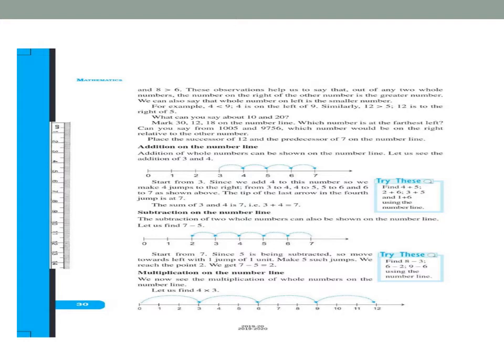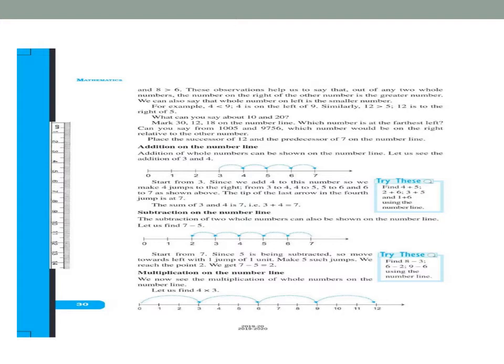Can you say, from 1005 and 9756, which number would be on the right relative to the other? In the previous classes you learned which is greater and which is smaller only by seeing the numbers. Now you have to find out which side it will come on a number line, and show which is greater and which is smaller.